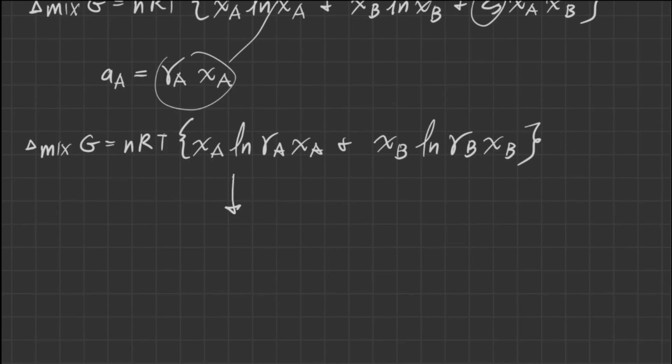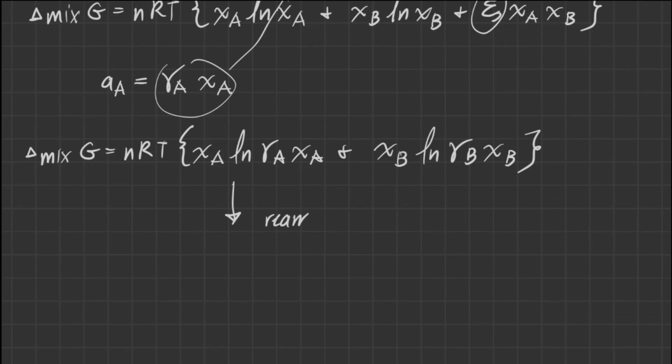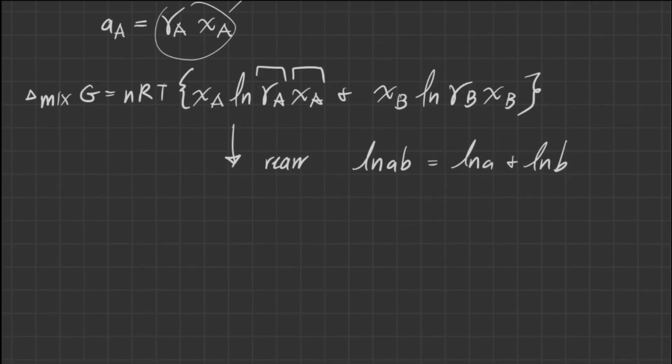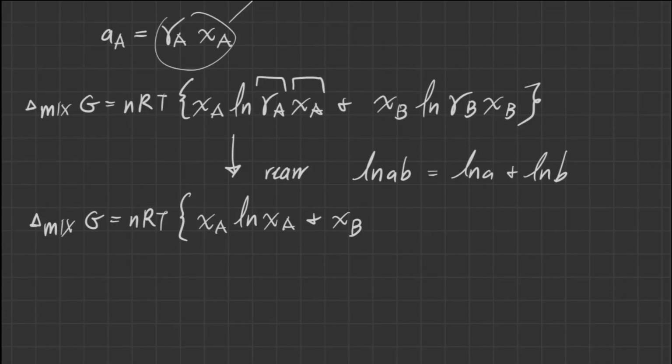Okay, and then we can rearrange this using the identity that the natural log of AB is equal to ln A plus ln B. So essentially we want to split up this gamma and then this mole fraction term. So we're going to rewrite that using the above identity.